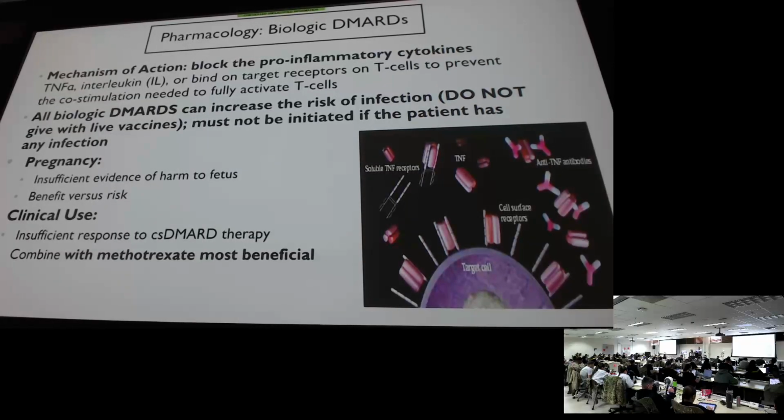Insufficient evidence of harm to the fetus in pregnancy. So methotrexate's the one I said absolutely no go with pregnancy. And there was another one right below it, the first one on that chart, much like methotrexate, teratogenic. But for all the biologics, insufficient evidence. So that's got to be benefit versus risk and patient dependent. A discussion between the patient and the obstetrician, right?